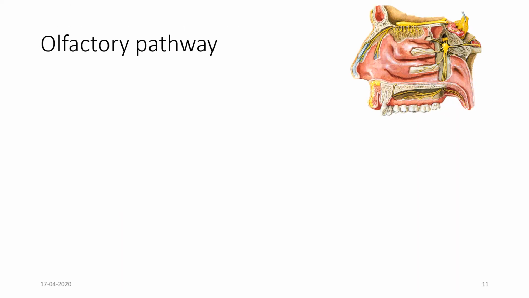Now, after studying the various components of the olfactory apparatus, let us see how the sensation of smell is conveyed to the cerebrum. It is the olfactory pathway we will consider, and you can follow with the picture that is present here. So, where does the olfactory pathway start? The bipolar neurons in the olfactory mucosa.